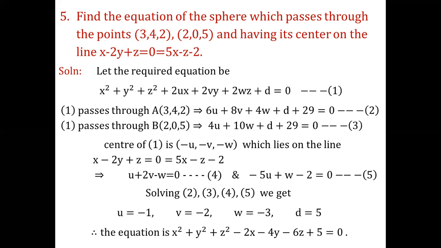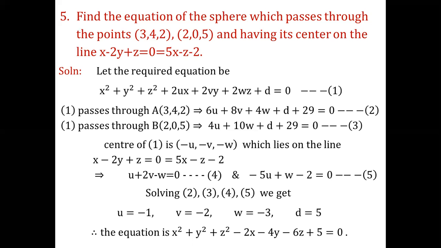Now look at the question. The center lies on the line x minus 2y plus z equal to 0 equal to 5x minus z minus 2. And the center of equation 1 is (minus u, minus v, minus w), which lies on the given line. So substitute in x minus 2y plus z as minus u, minus v, minus w.